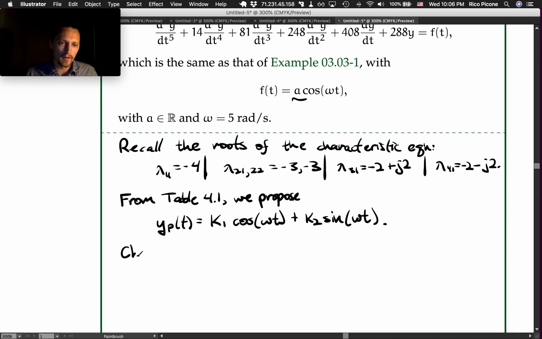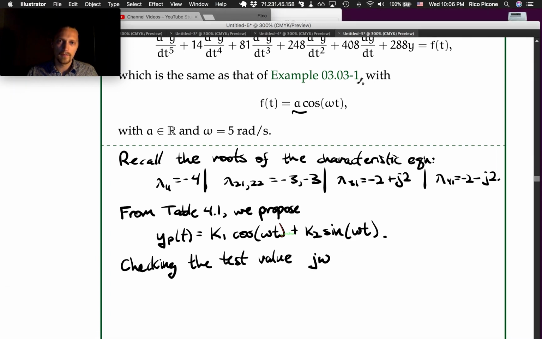Let's check, though. Checking the test value, which the table said was j omega, right?